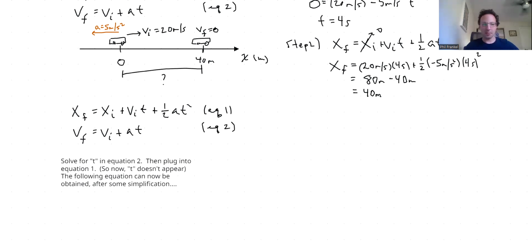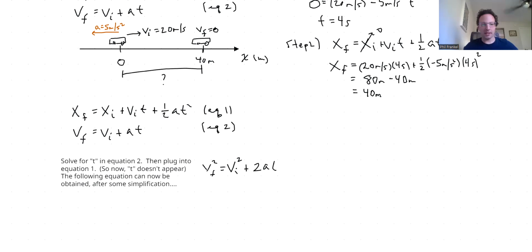Now t disappears, and you will get the following resulting equation, which does not reference time. It'll take a little algebraic manipulation on your part, but you should be able to obtain the following. 2 times a times delta x.